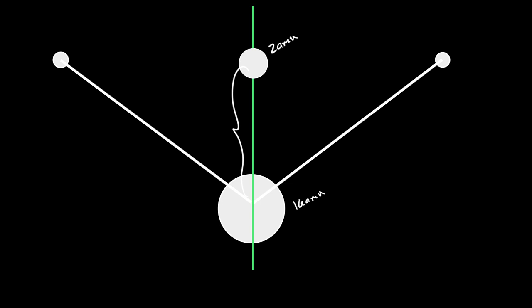This entire, well, we don't have it. We have the stuff to find it. Isn't this whole angle 104.5? So that makes this angle 52.25 degrees. Is that right? Yeah. And this is 95.7 picometers.